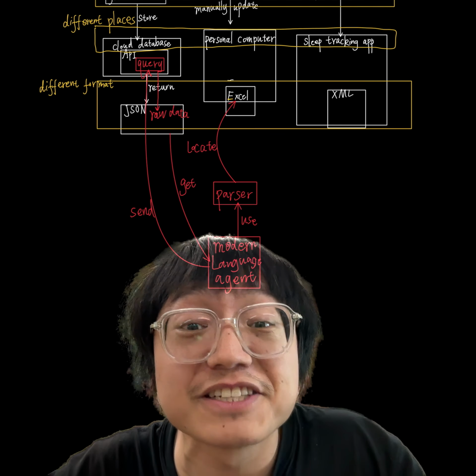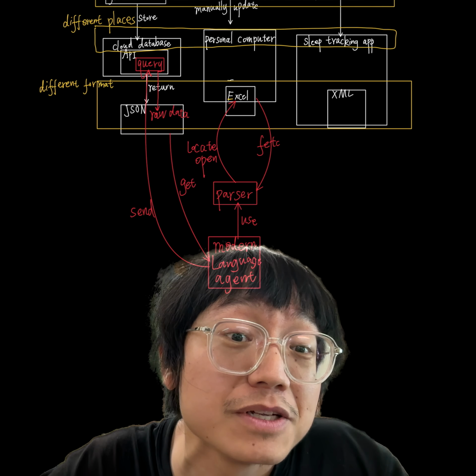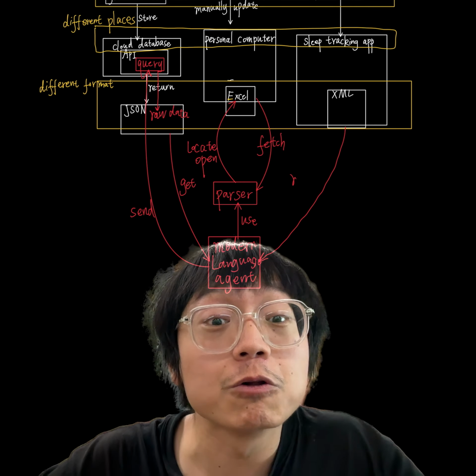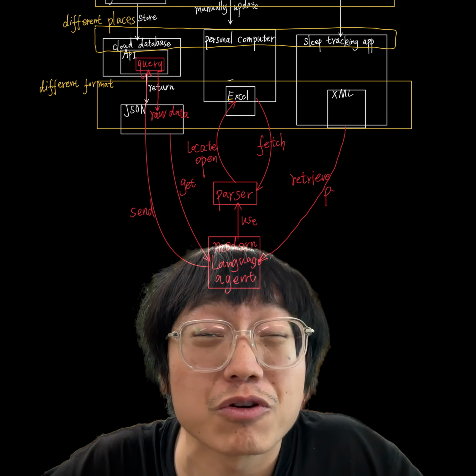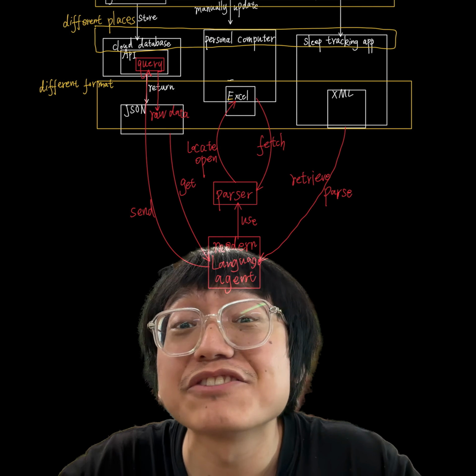And if there's additional data in XML format from the sleep tracking app, the agent would be able to retrieve and parse this data as well without being specifically programmed for each format. And then it's reconciling different formats.